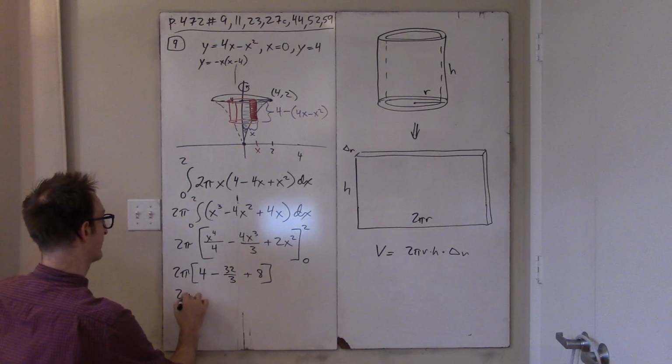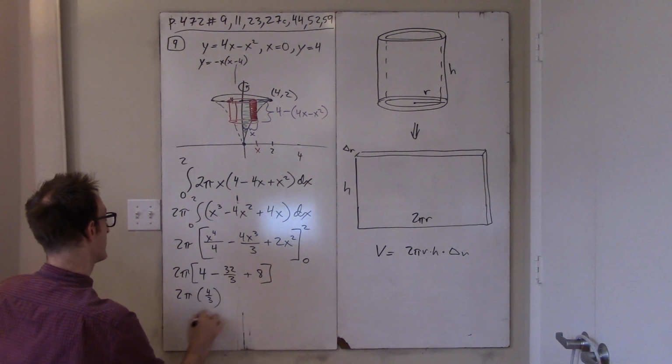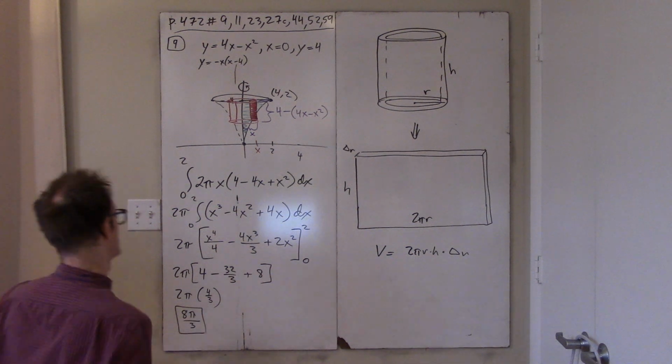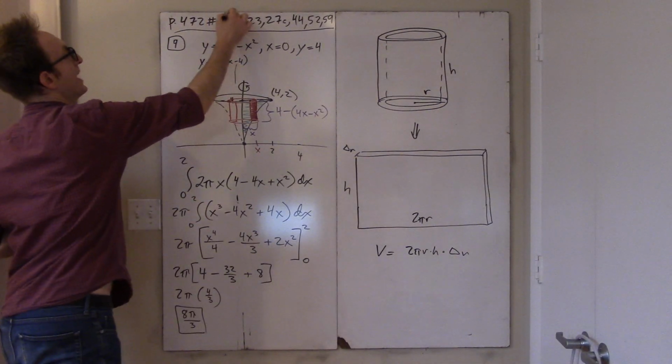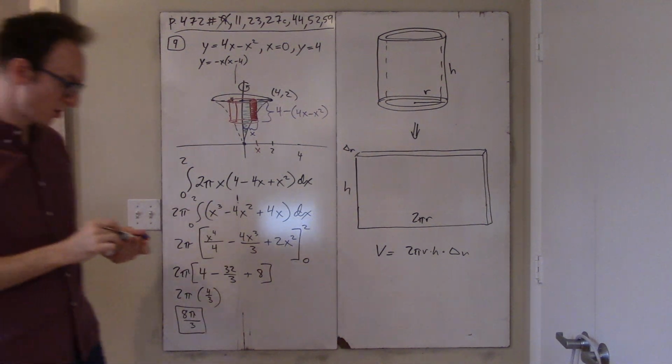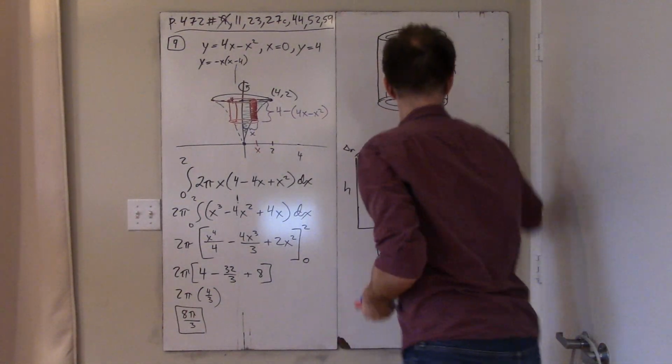So I think that's 4 thirds in there. And I guess the answer is 8 pi over 3, which seems reasonable. Let's see what the answer key is. Yeah, good. Whew. One down, bunch to go. That was a nice recap of the whole thing.